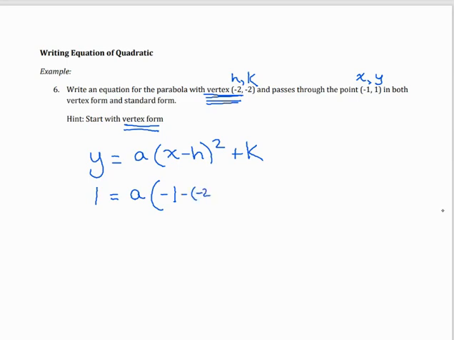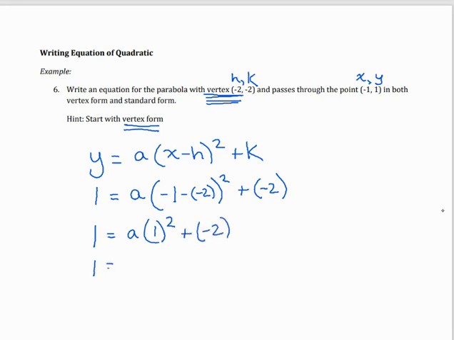So remember, it's negative 1 minus negative 2, all squared, plus my k value, which is also negative 2. Now I will simplify that. So I get 1 equals a times (negative 1 plus 2, which is really 1) squared plus negative 2.